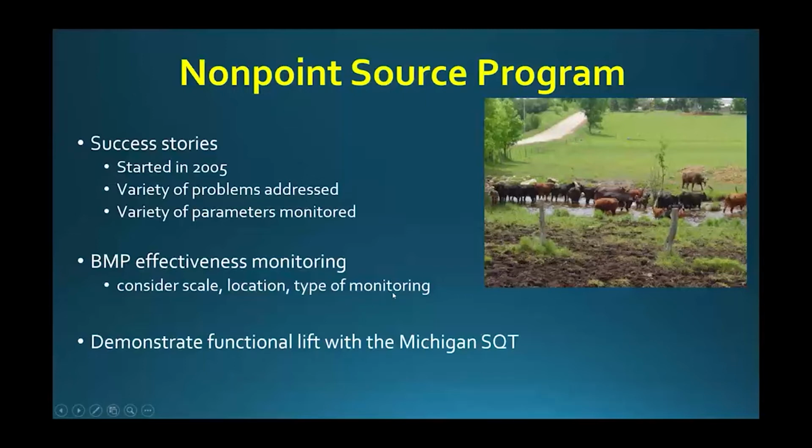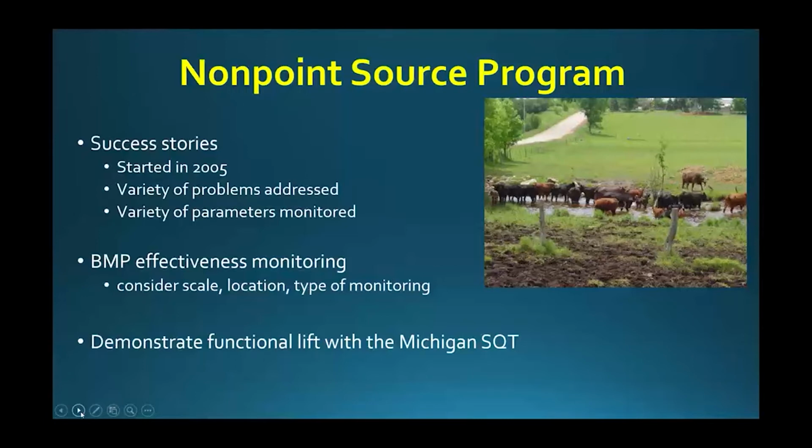So the non-point source program is funded through Section 319 money. And as a condition of receiving that funding, we are required to report our success stories to EPA on an annual basis. And so we've been doing this for a number of years, and we address a variety of problems and try to use a variety of parameters to show success in.